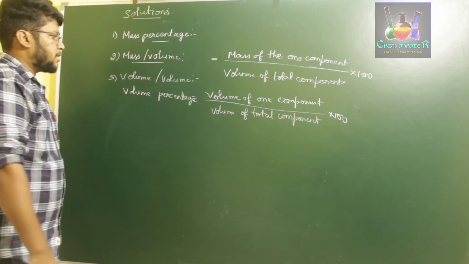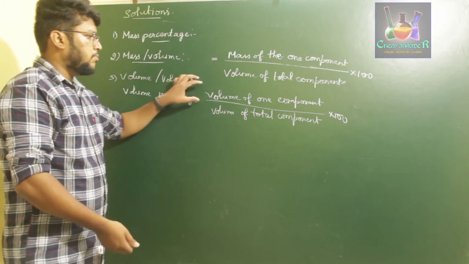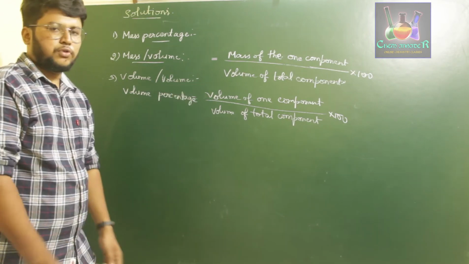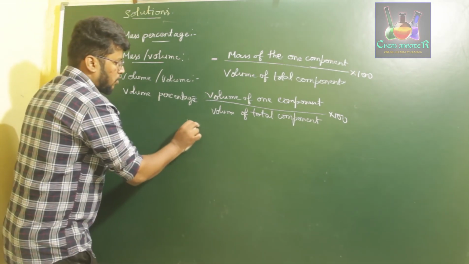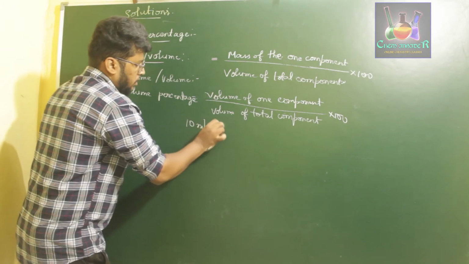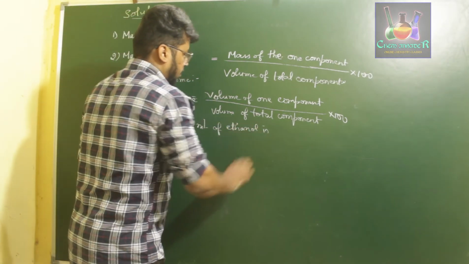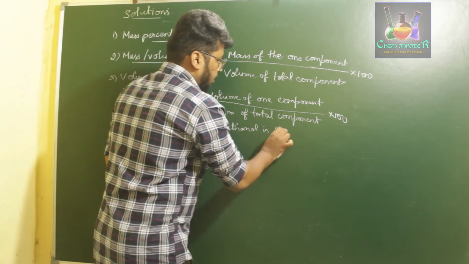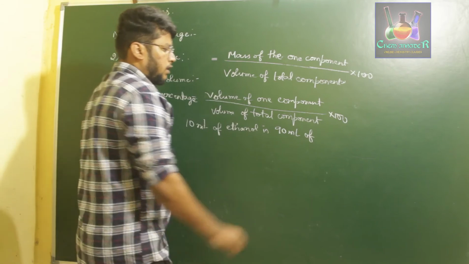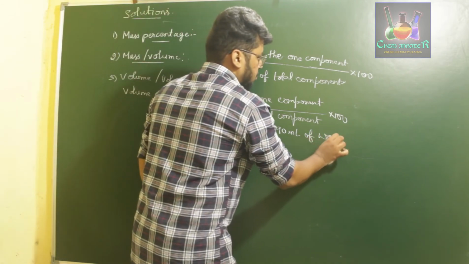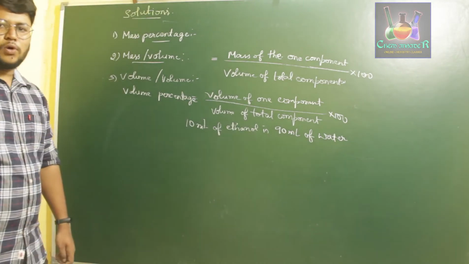So volume percentage, or volume over volume concentration, is given as volume of one component divided by volume of total component into 100. This is what happens when you take 10 ml of ethanol dissolved in 90 ml of water. That gives us volume to volume concentration, or volume percentage.